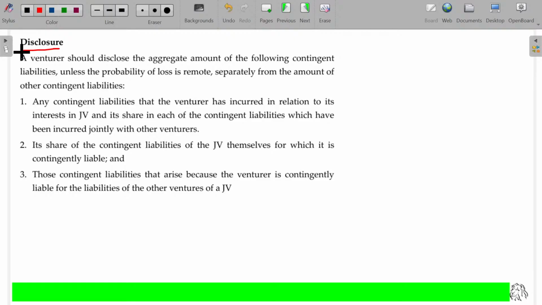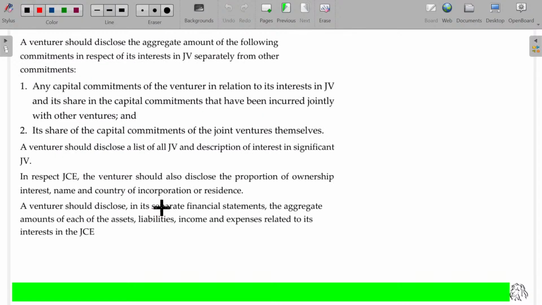And finally, you have to disclose. What are the things you have to disclose? If there is any contingent liability, and in that contingent liability, the share of the venturer, and the reason why it arises, all these things are going to be disclosed. Also, the venturer should disclose the aggregate amount of the following commitments.